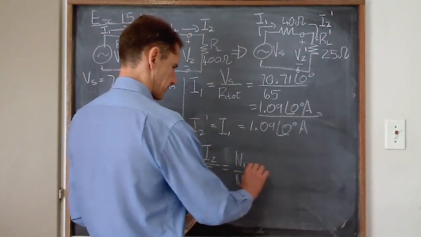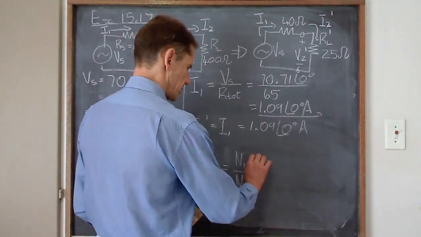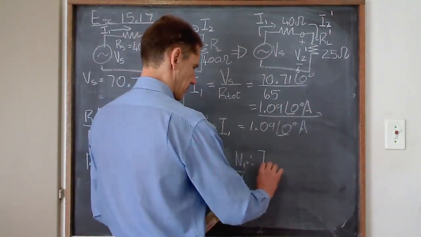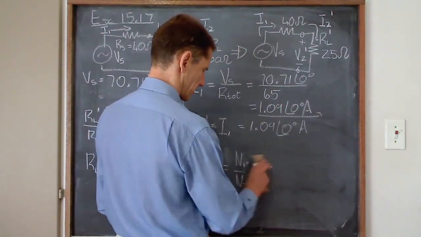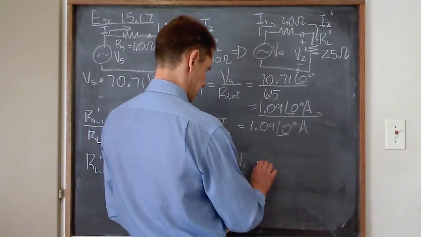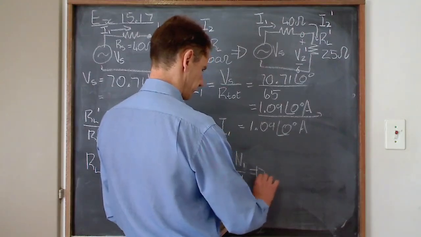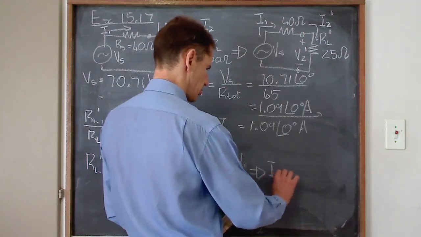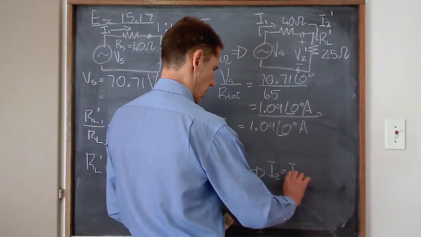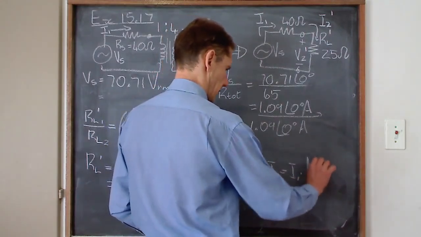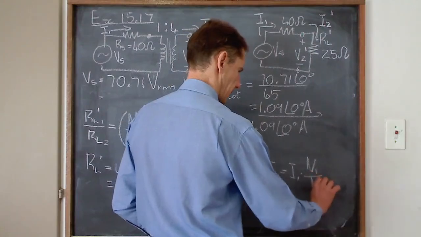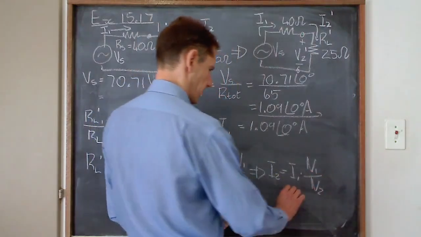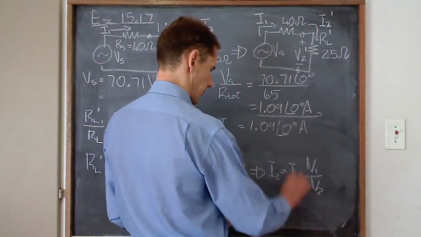Which means that I2 must equal I1 times N1 over N2.